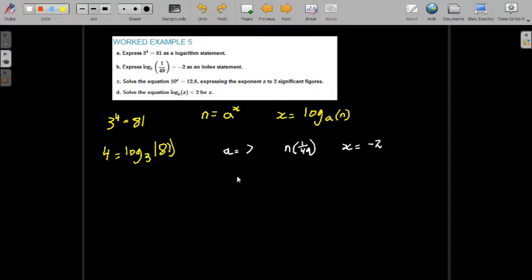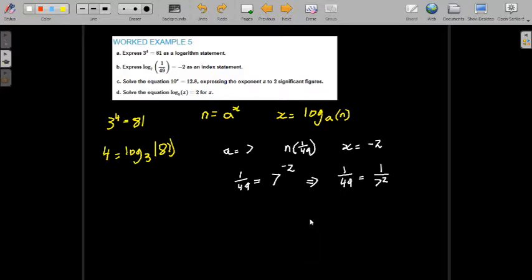So our log statement, or index statement, sorry, is going to be 1 over 49 equals 7 to the power of minus 2. Okay, or I could say that means the same thing.